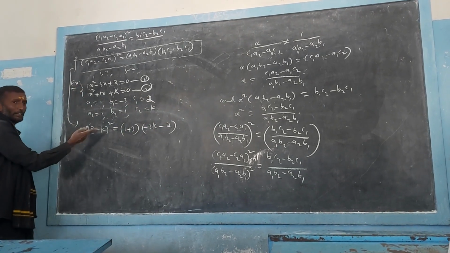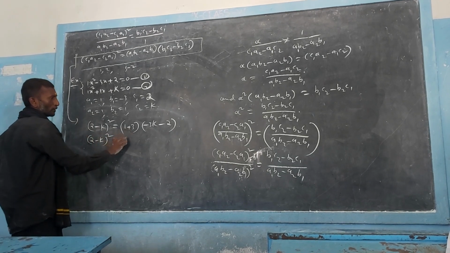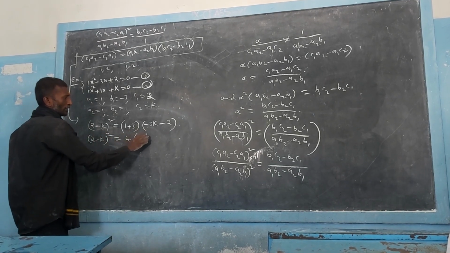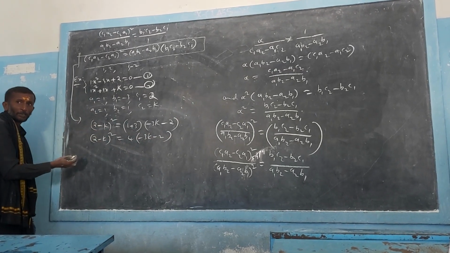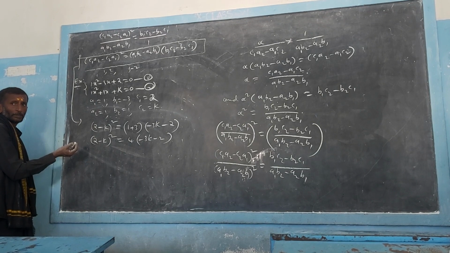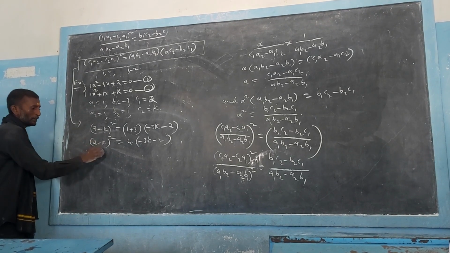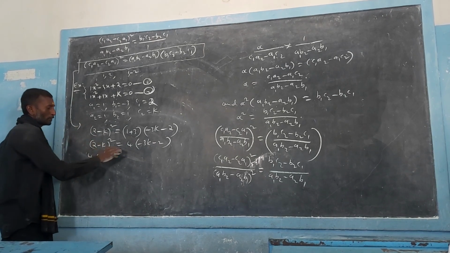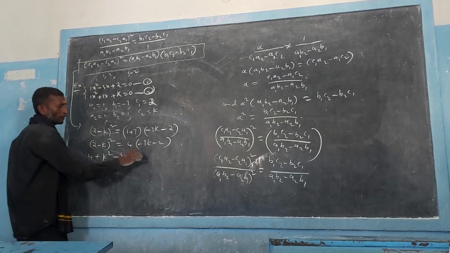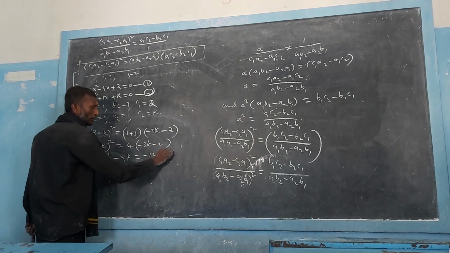So you get the equation: 2 minus k whole square equals 4 into minus 3k minus 2. Now this is in the form of (a minus b) whole square, expanded with the formula: a square, which is 2 square, 4, plus b square, k square, minus 2 into 2 into k, that is minus 4k. On this side, minus 2 into k multiplied by 4, 4 into 2 is minus 8.